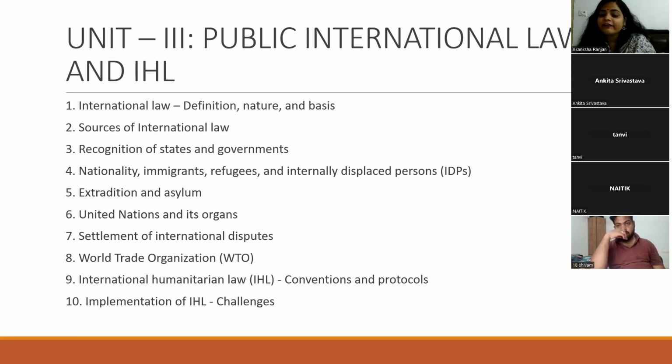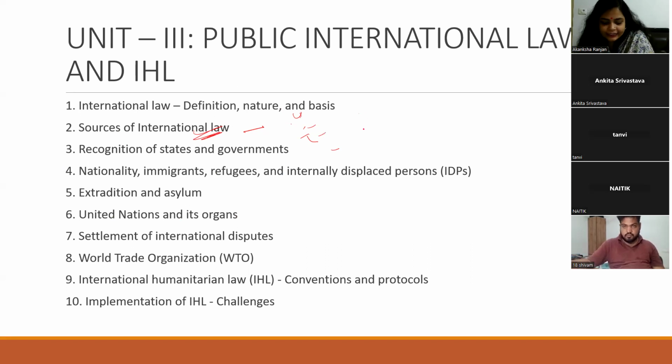Then one thing which you have heard of during your course of law is the sources of international law. The second point which is given over here: what are the sources? Treaties, conventions, then international usages, customs, the general principles of law, then judicial decisions. So these are various sources of international law.